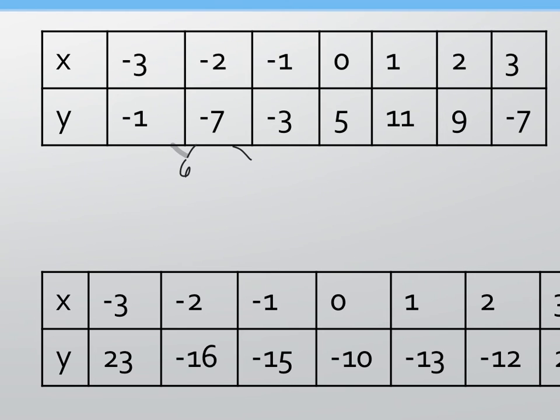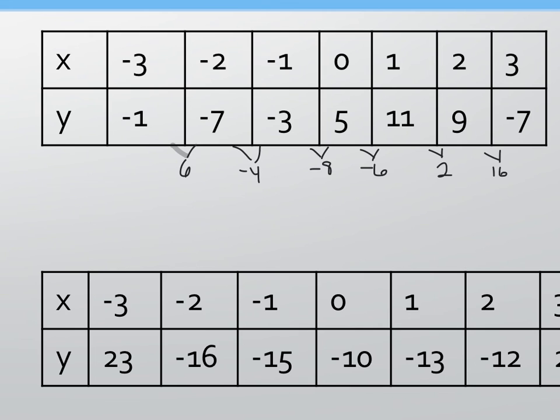If I take negative 7 and subtract negative 3, we do get negative 4. If I take negative 3 minus 5, that's negative 8. 5 minus 11 is negative 6. 11 minus 9 is 2. And 9 minus negative 7 is 16.